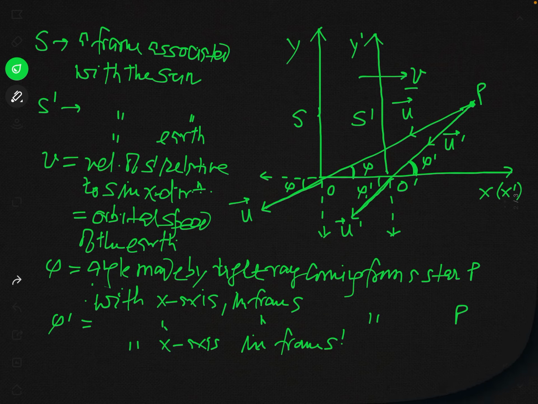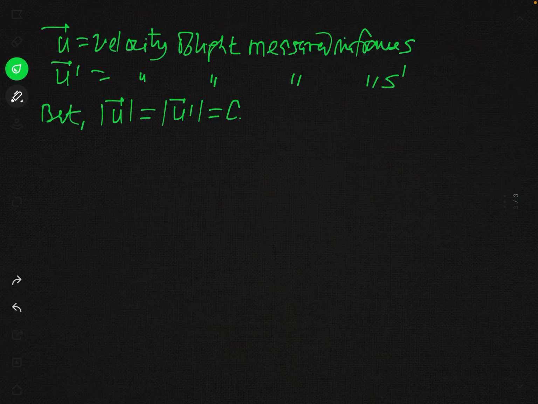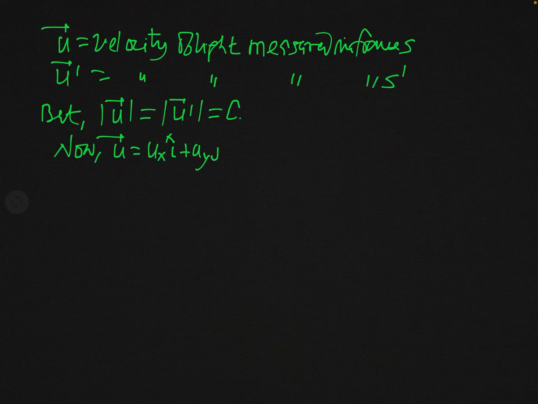So let us now consider that the vector u we can express as ux i plus uy j. Since this velocity lies in the xy plane, ux and uy will be non-zero, but its z component will be 0.